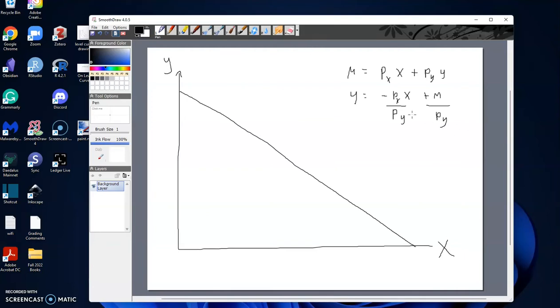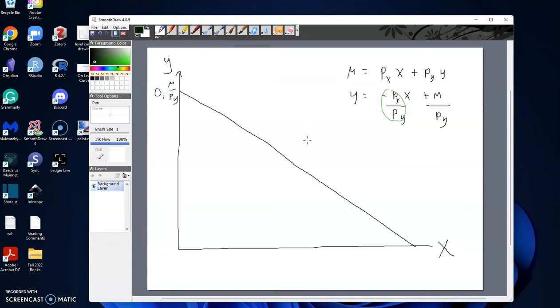Notice here that we have our slope and we have our intercept. So right here, this is going to be our price ratio, and it's going in the negative direction. That's our vertical intercept.